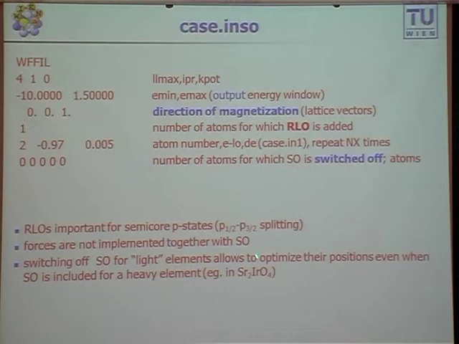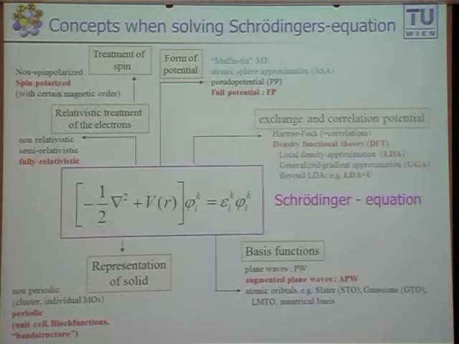So switching off spin-orbit for oxygen and maybe also for strontium allows you to optimize the position of the oxygens, and basically there is no approximation, because the spin-orbit effects on oxygen atoms will be more or less zero, and on the iridium they are fully taken into account. Okay, so that was the main goal.